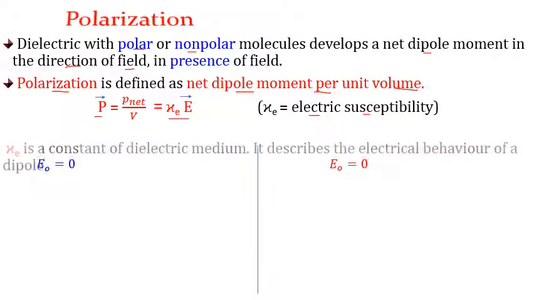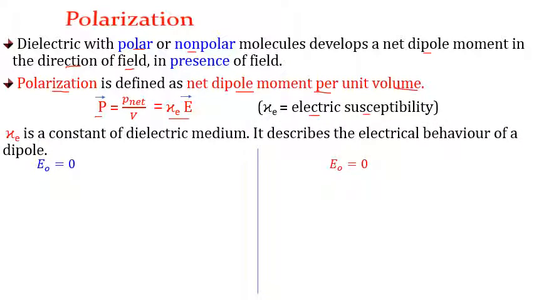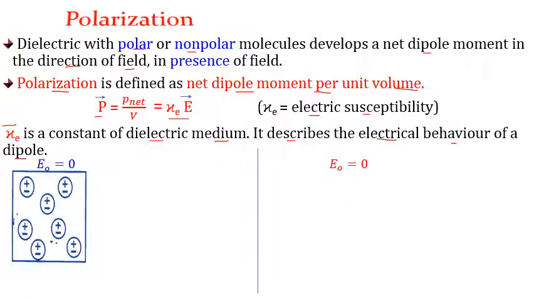What is this electric susceptibility? It is the constant of the dielectric medium. It describes the electrical behavior of a dipole, up to what extent the polarization must be there. This is decided by this factor. Clear?